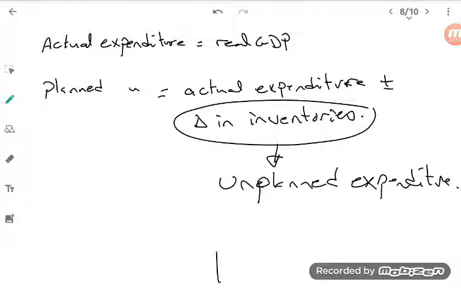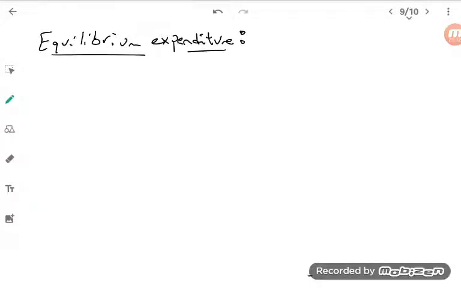What is the equilibrium expenditure level? This is the point at which aggregate planned expenditure is equivalent to real GDP.